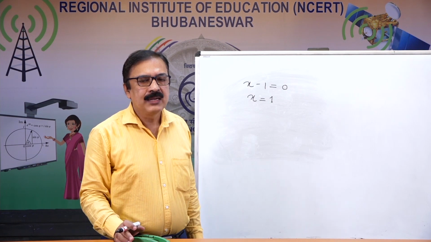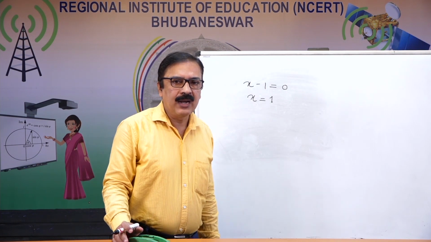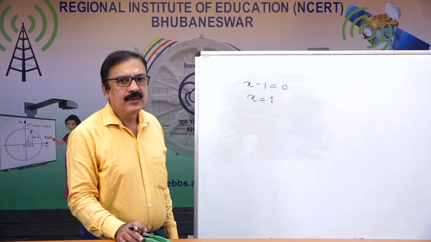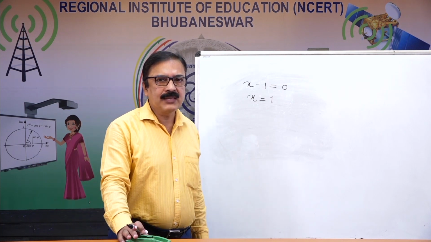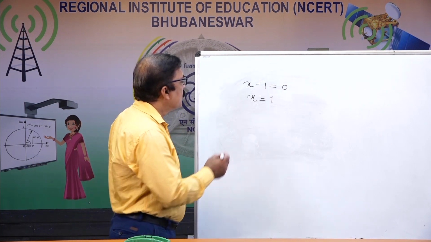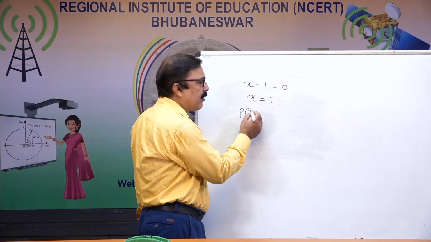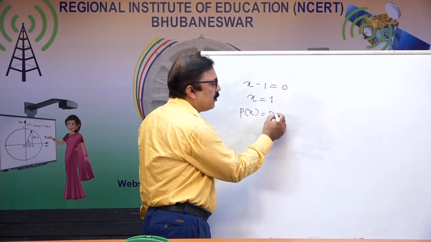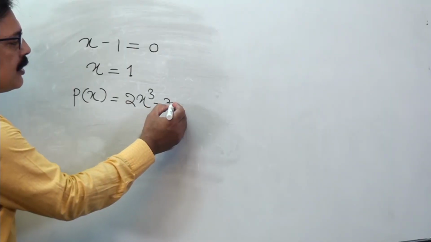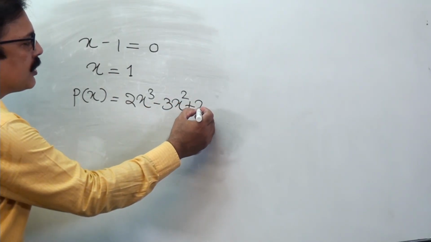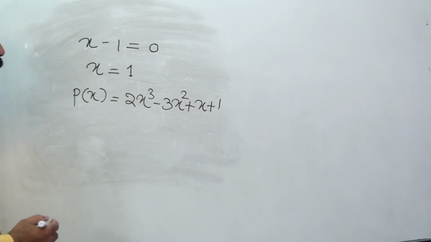Let's evaluate the given dividend for the value of x at 1. So px as given is equal to 2x cube minus 3x square plus x plus 1.